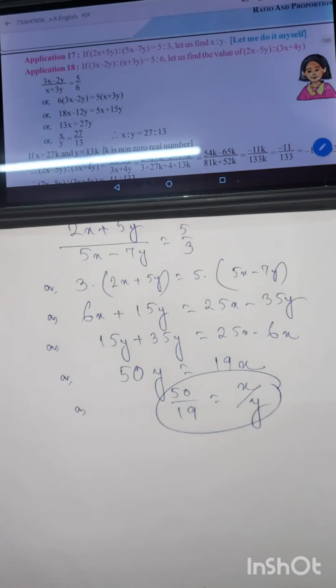So this is our answer. X by y, x is to y should be 50 is to 19.